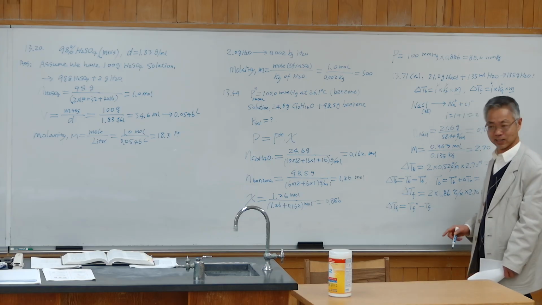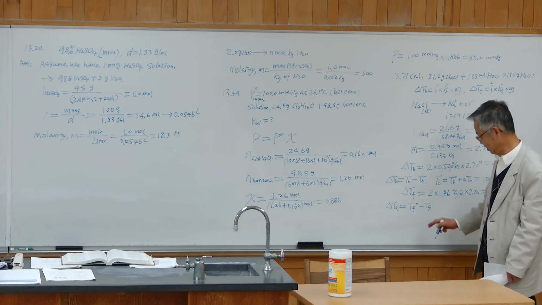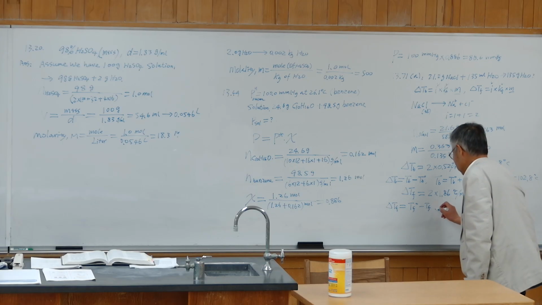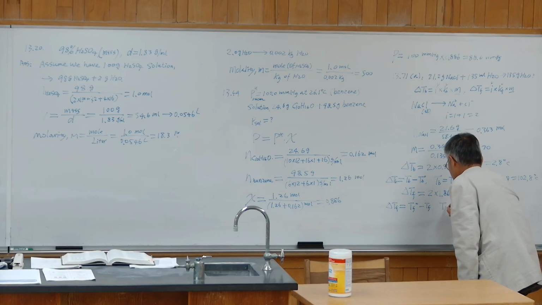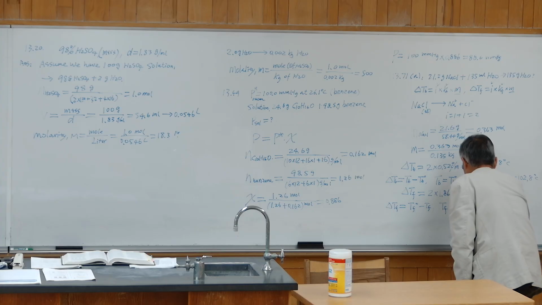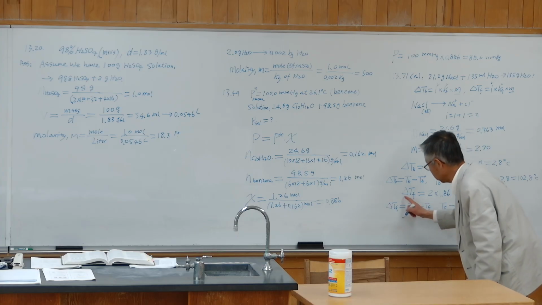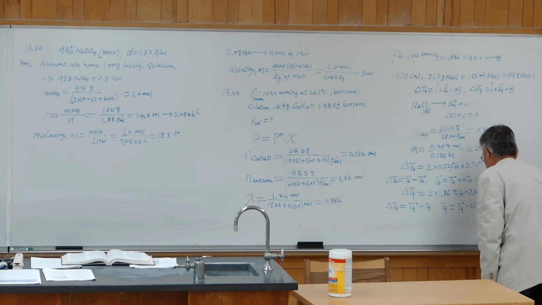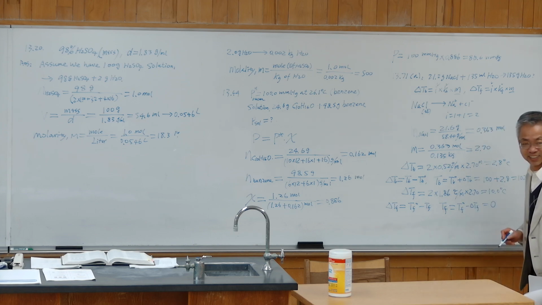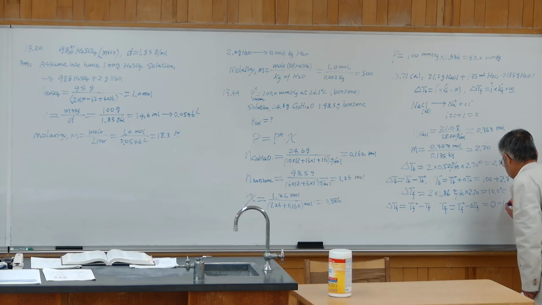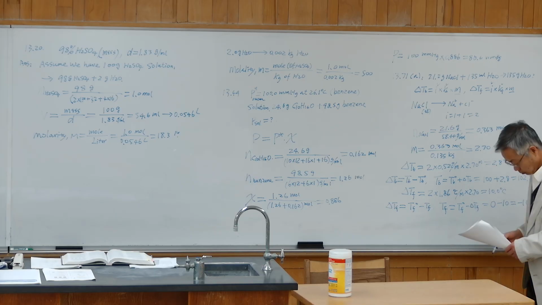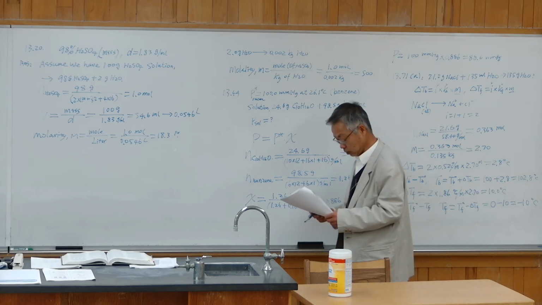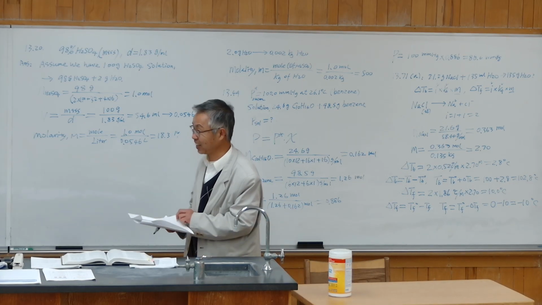You need to be careful. So from here, your TF will be TF0 minus delta TF. TF0 for water is 0 degrees Celsius and delta TF is 10. 0 minus 10 is negative 10. So the freezing point of this solution will be negative 10 degrees Celsius.